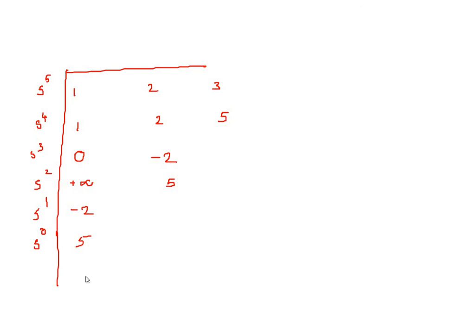Here we can see that when we take the first column, there are two sign changes, because it changes from plus infinity to minus 2 and minus 2 to plus 5. So there are two sign changes in the first column of the root table.